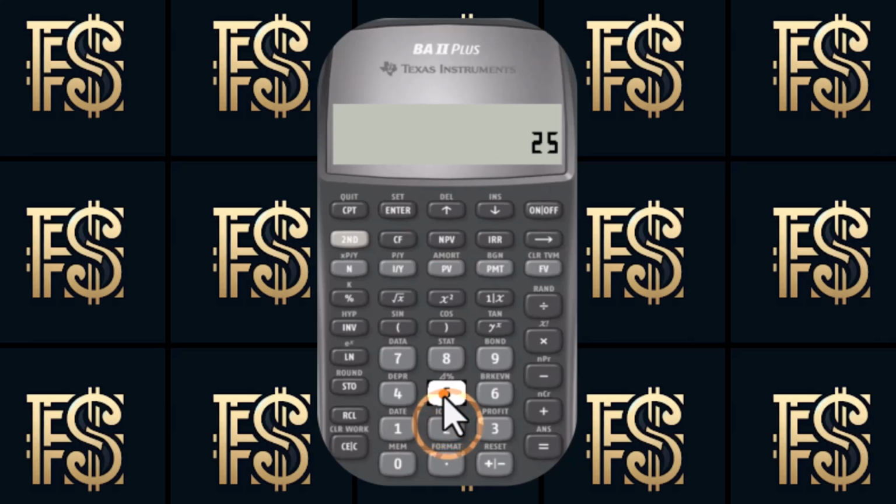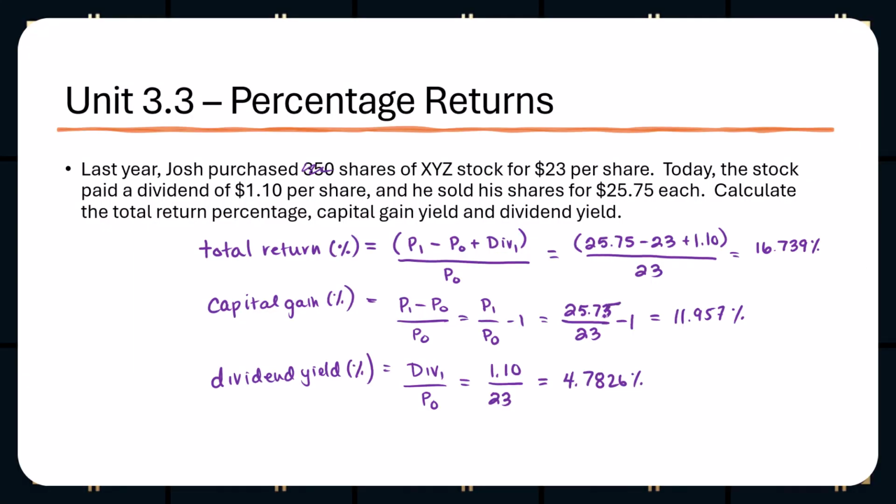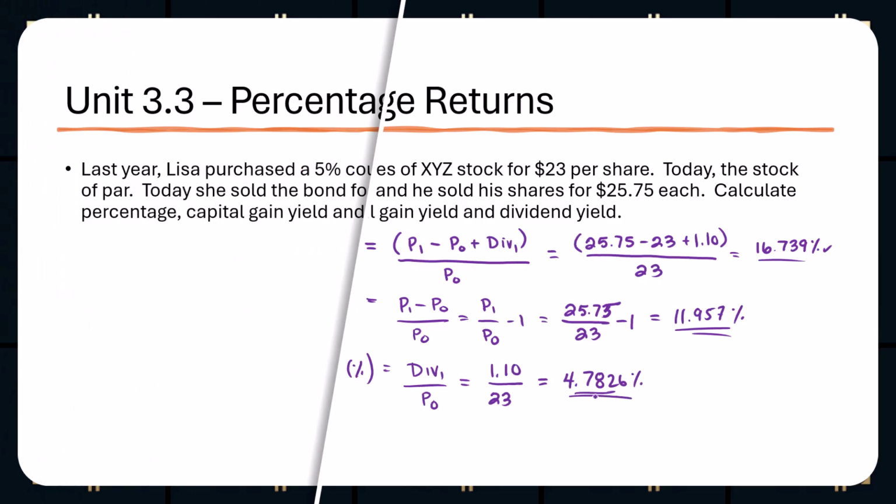And then last but not least, we can do the total return, 25.75 minus 23 plus $1.10, all divided by 23. And his overall total return percentage was 16.739%. Error here, so we'll go ahead and fix that. But yes, all of these were confirmed with the calculator.